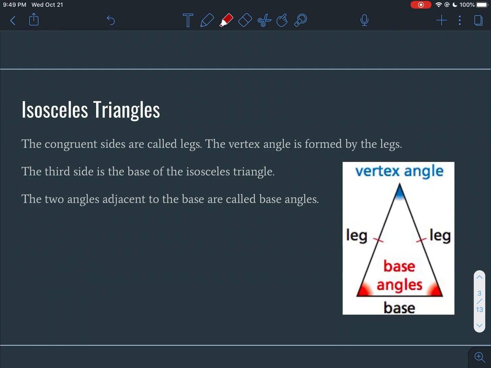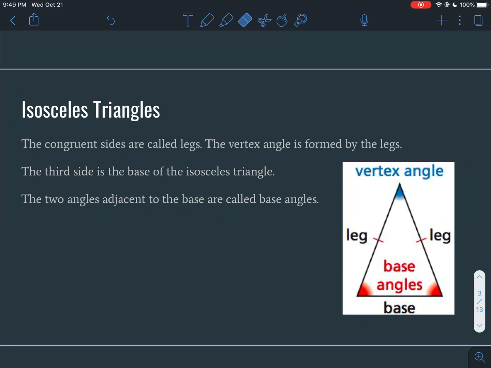And then the two angles adjacent to the base are called base angles. So here we have the base, the angles that form the base are called the base angles. Okay? So those are the parts of an isosceles triangle.